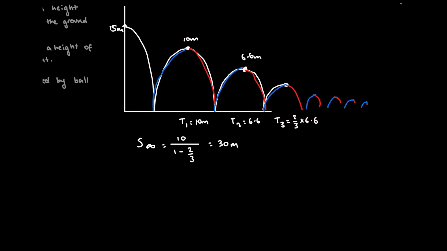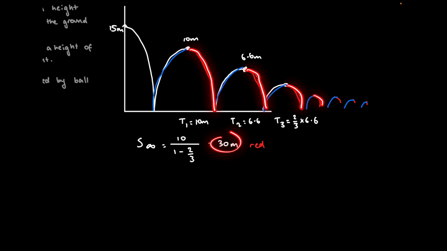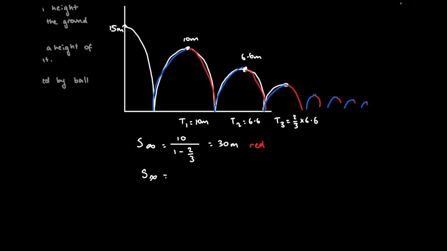In other words, this summation is just for the red lines. This is the distance traveled when the ball bounces down, and the distance that it travels up will be the exact same. So the summation to infinity for the blue bounces when it goes up after the rebound is also going to be 30 meters.